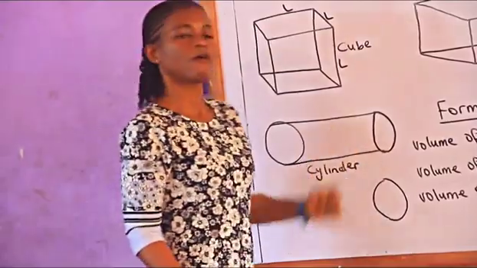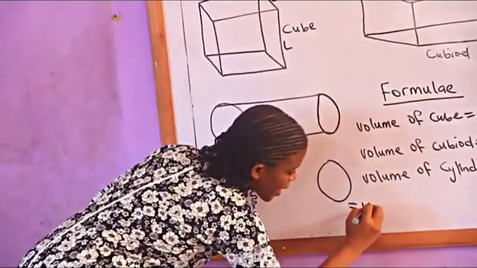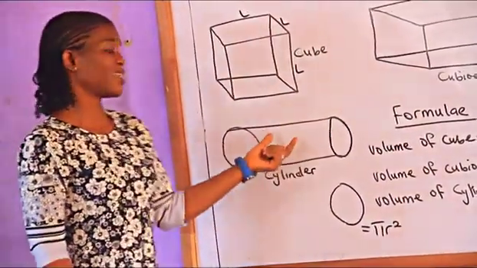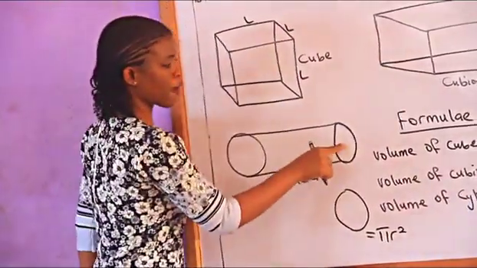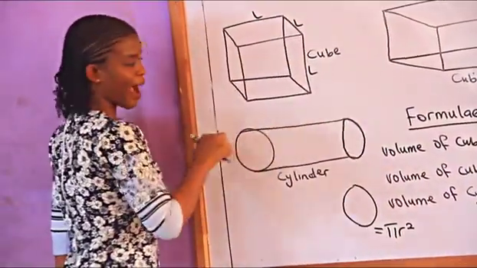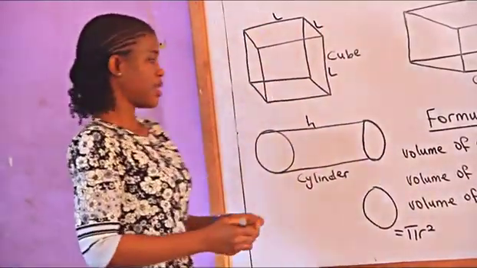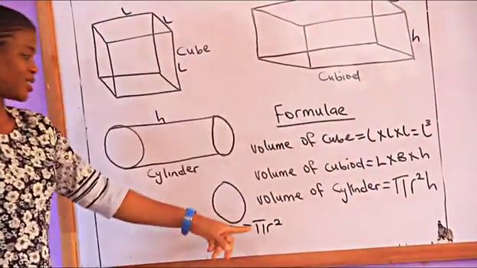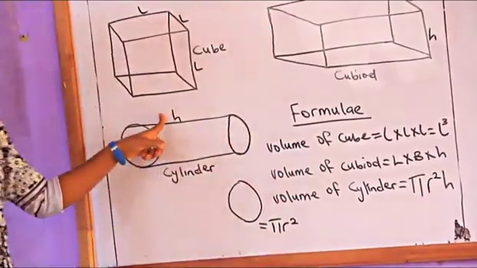Now, the area for a circle is pi r squared. But in this case, we are looking for the volume. Now we have the area of the base, which is pi r squared, multiplied by the height of the cylinder, which is h. Now we have pi r squared h. That is the area base of the circle multiplied by the height.